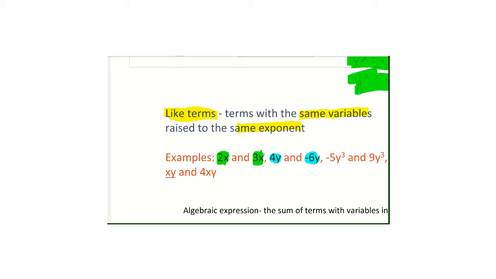And then in the next one, negative 5y to the third and 9y to the third both have y to the third. The last one is x times y and 4 times x times y. Those are like terms because they both have x to the first times y to the first.